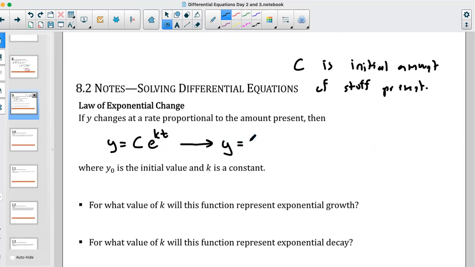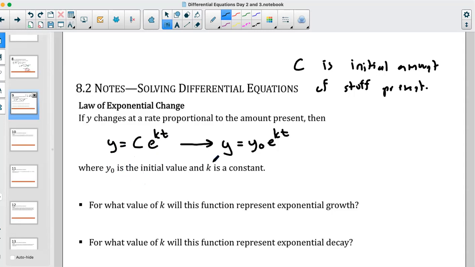So usually it's written like this, y0 e to the kt. You can think about y when t is 0. This has to be y0, but really this is just a fact that when t is 0, e to the kt is just 1. So the amount present at time 0 is however much was present at time 0.